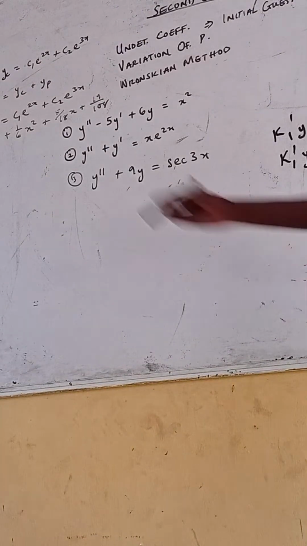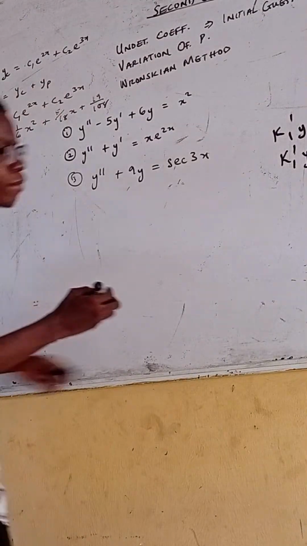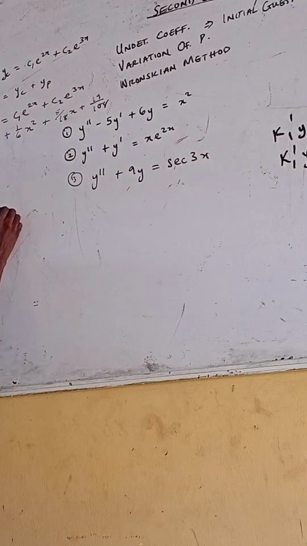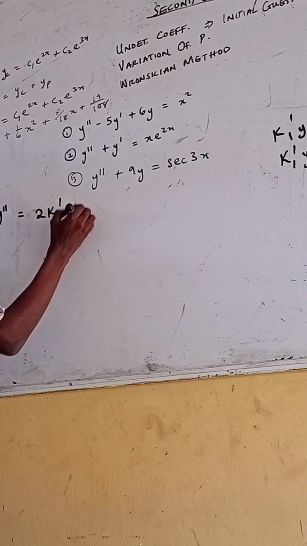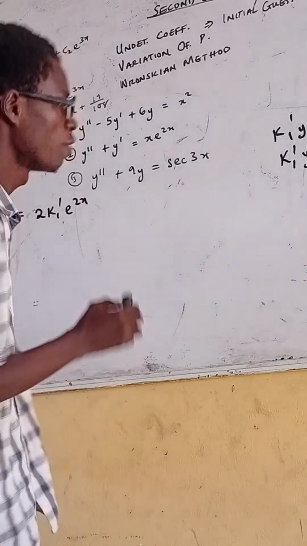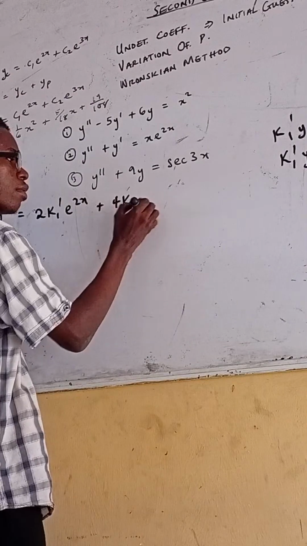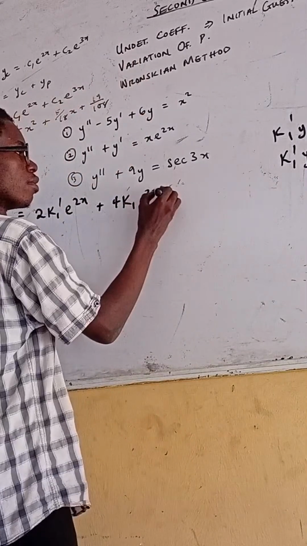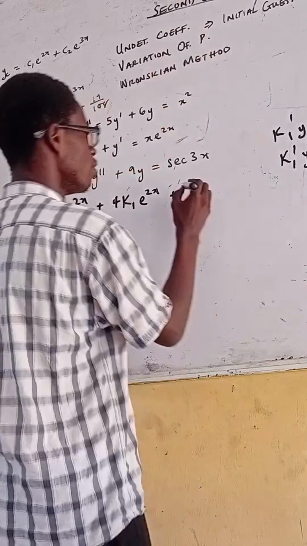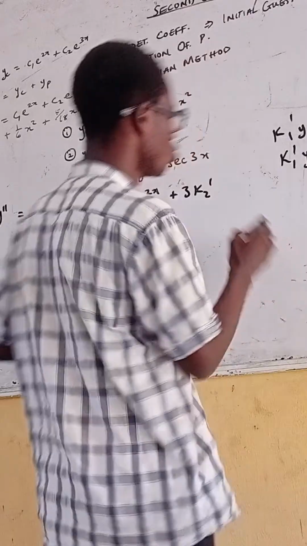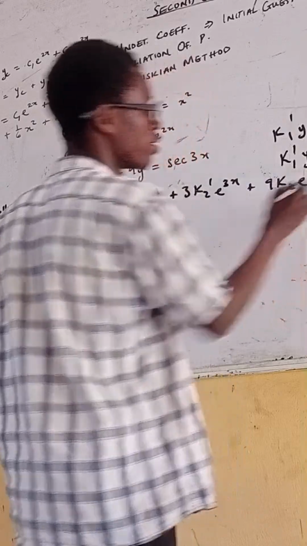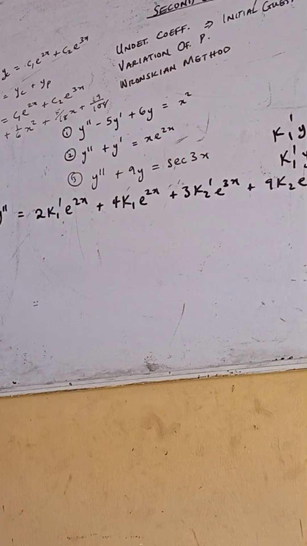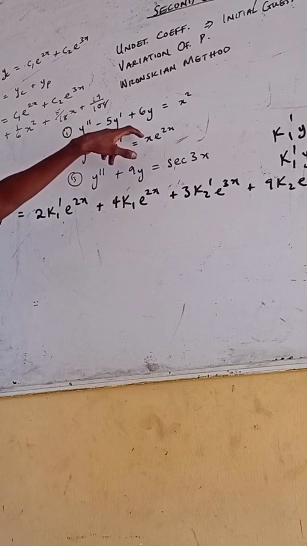Now this one, we are subtracting 5y from it, abi? Let me write everything. Y double prime is what? 2k1 prime e raised to power 2x plus 4k1 e raised to power 2x plus 3k2 prime e raised to power 3x plus 9k2 e raised to power 3x. Abi? So what we are going to do next is subtract 5y from this y double prime. Where's our y?